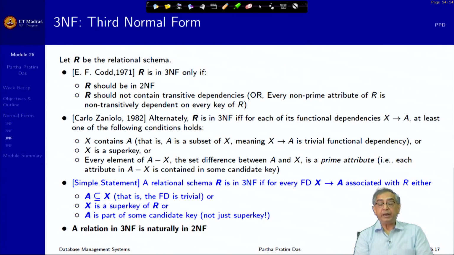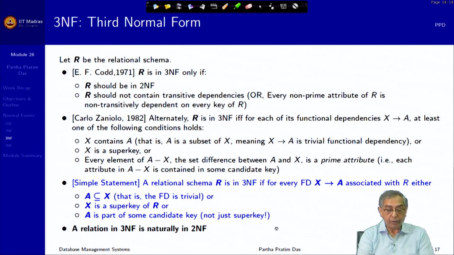Now, putting it in detail: there is no trivial dependency, A subset of X. X has to be a super key or A has to be a part of the candidate key. Either of these has to happen. And with that, every 3NF relation is also naturally in 2NF.